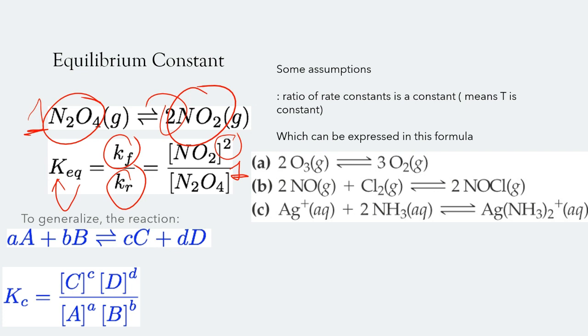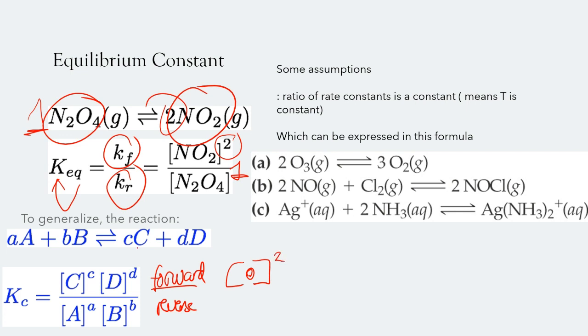Okay? So just remember, if we're going to generalize this reaction, we can write it this way. This is your forward. This is your reverse. And whatever species you have is going to go inside of the bracket, and whatever number becomes a power.